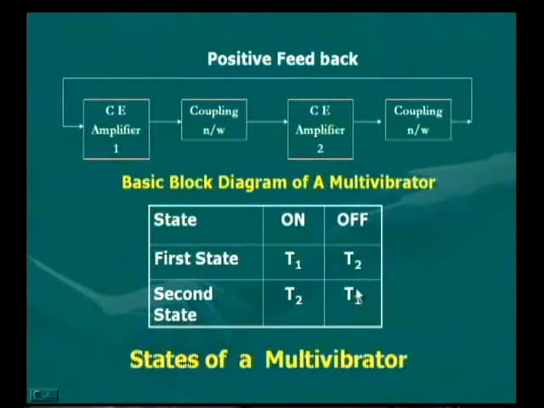And the next state is that the transistor T2 is on and the transistor T1 is off. So this is how the multivibrator circuit can have two states. Accordingly, depending on how the transistors change their states, from first state to second state or from second state to first state, multivibrators can be classified into three categories.